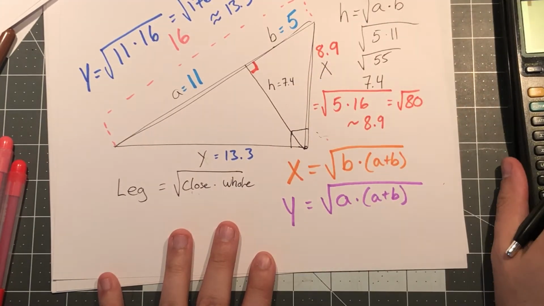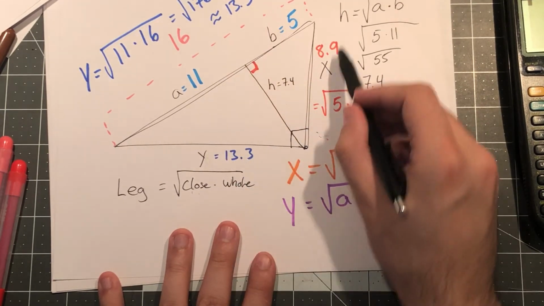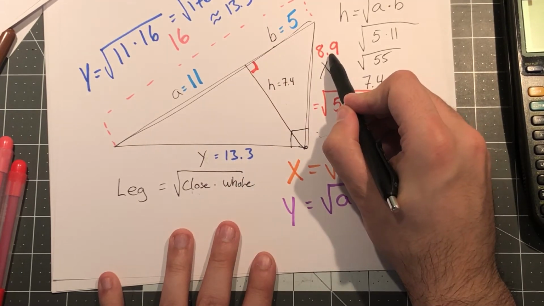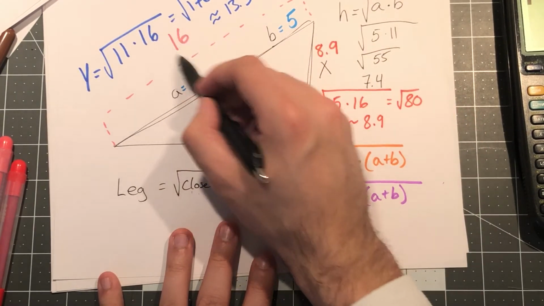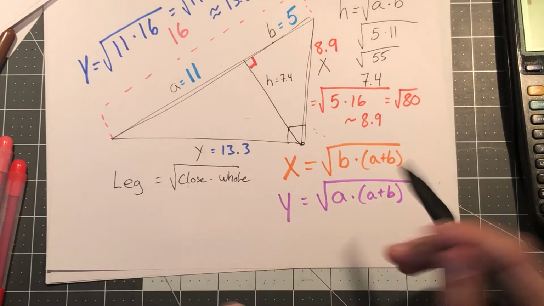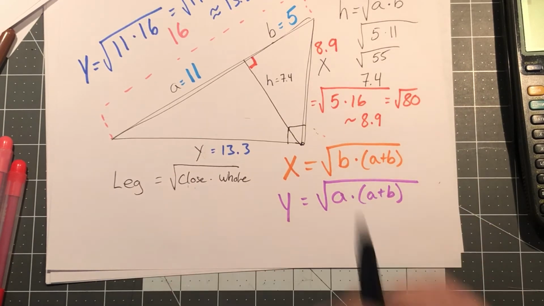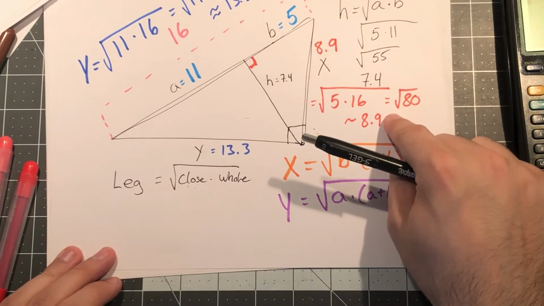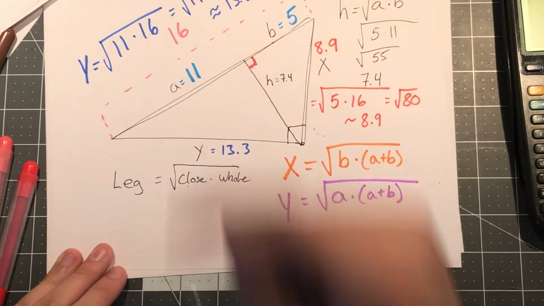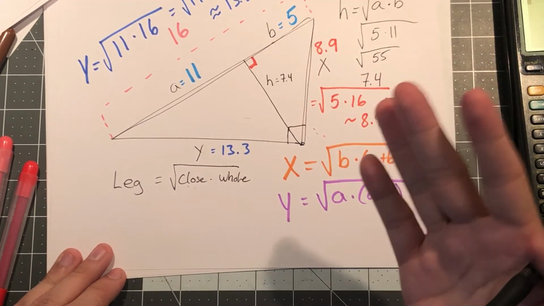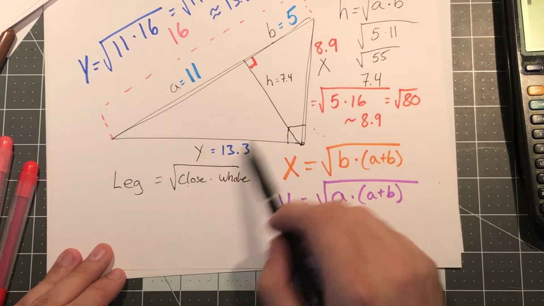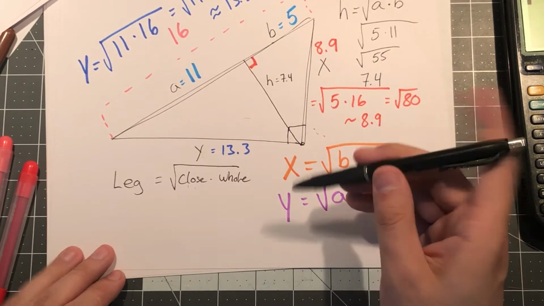So what I can do is check to make sure these are correct by doing 13.3 squared plus 8.9 squared and getting 16. Of course, it's going to be slightly off. It's going to be a couple decimal points off because we cut decimal points here, we cut decimal points here. Everywhere we had square roots, we probably had to make a choice. But we can use those to help check and make sure it works.